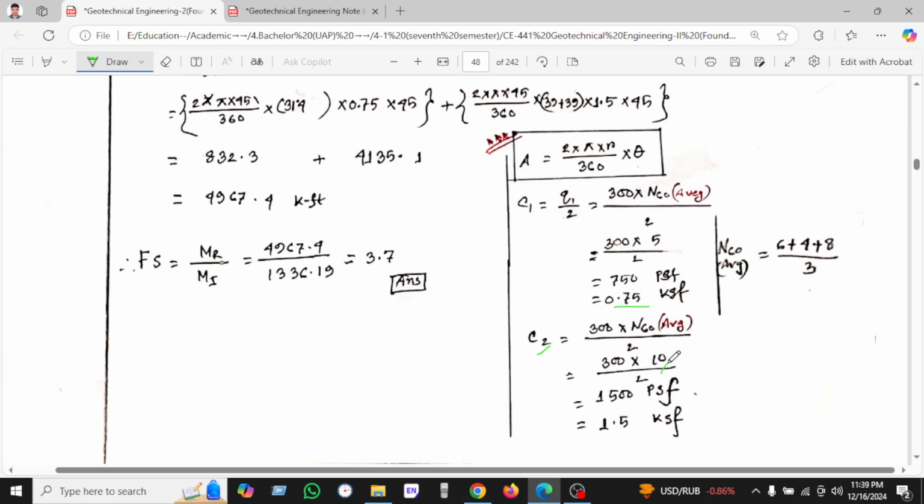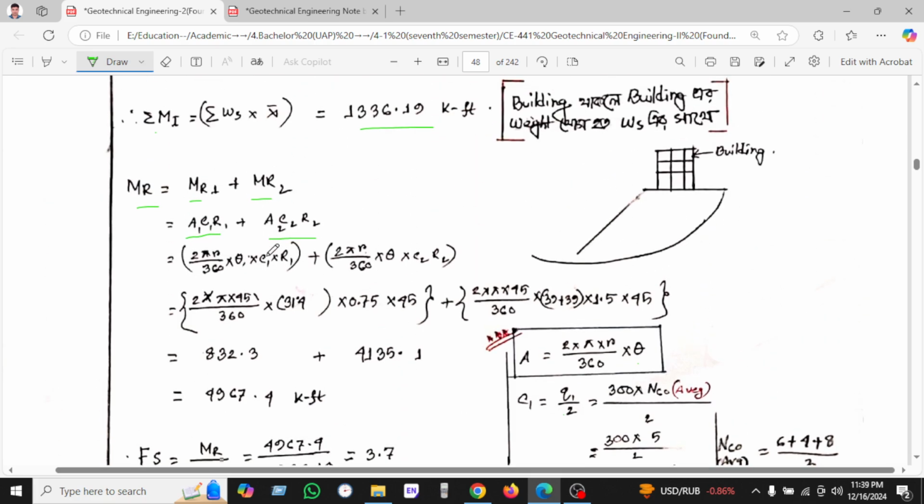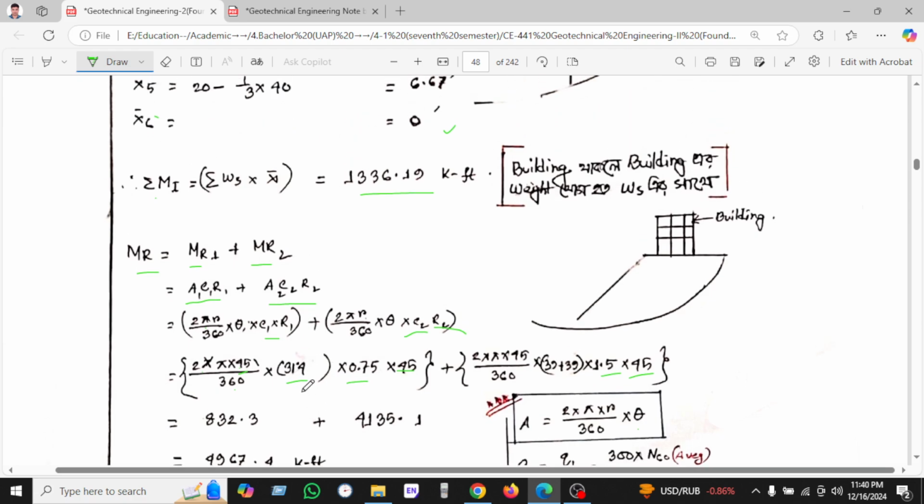The average speed is given as 10, so we find 1.5. Putting in these values, C1 is 0.75 and C2 is 1.5, R is 45 as given, S1 and S2, and 2 pi, R equal to 45, 360, and theta is 38.2, 31.2.